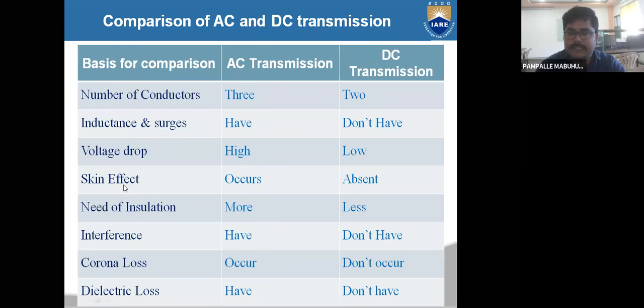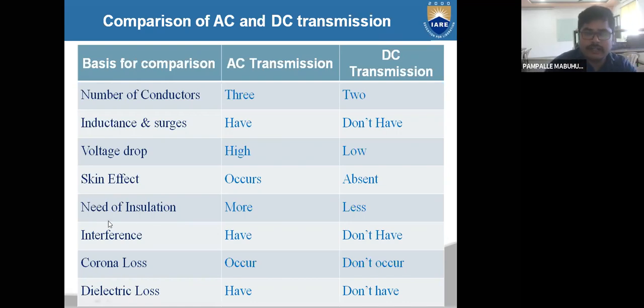That is called the skin effect. But the skin effect is not observed in DC. So when you transfer the power through solid conductors, the skin effect is not observed. That means there will not be non-uniform current. There will always be uniform current flowing in the conductor in case of DC.